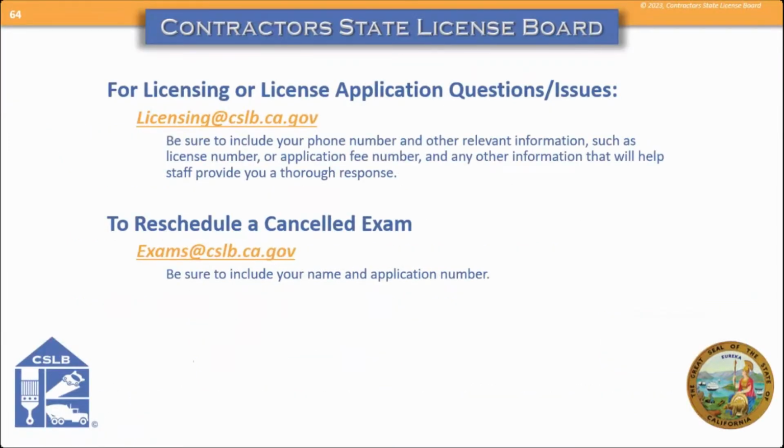Again, that is licensing@cslb.ca.gov. And then one of us will answer your questions. If we can't answer your question, we can pass it on to somebody who can, whatever your question or your issue is referencing.